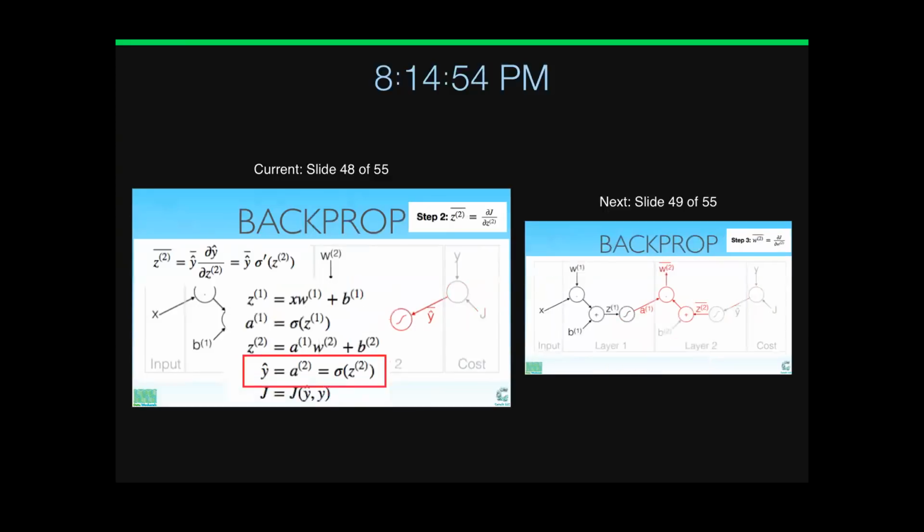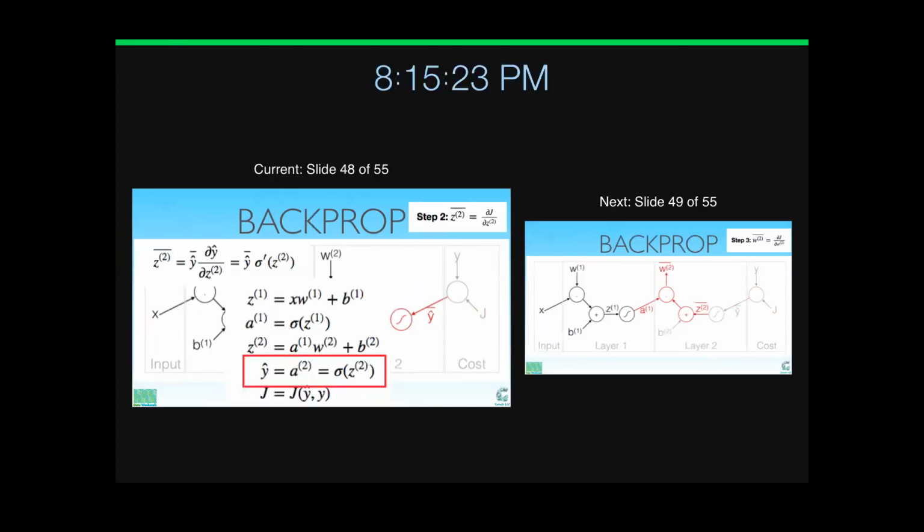Why? Because I'm looking here and the derivative of J with respect to Z2 is the derivative of J with respect to Y hat, which is Y hat overline, times the derivative of this guy with respect to this guy. So I'm propagating back what I've already calculated. This I don't calculate any longer. This is there already. I've done it in the previous step.